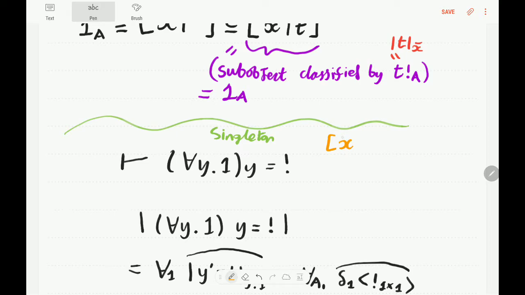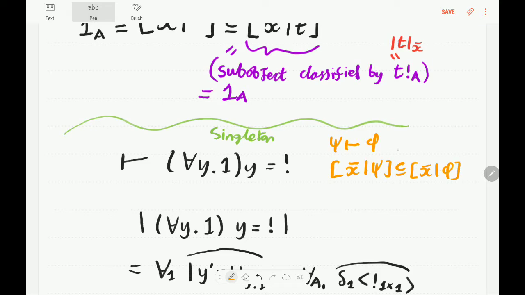It's always true that, for example, if we have psi turnstile phi, that means that the extension over psi is always contained in the extension over phi.